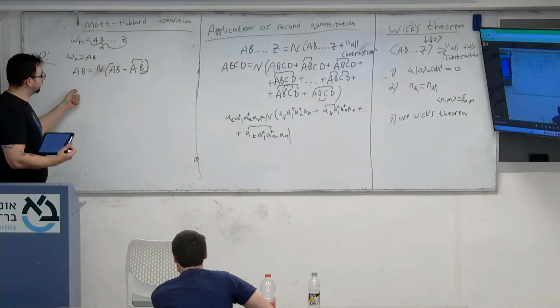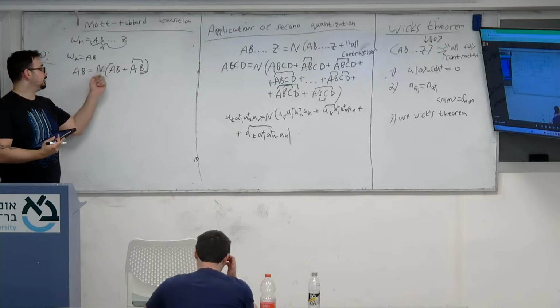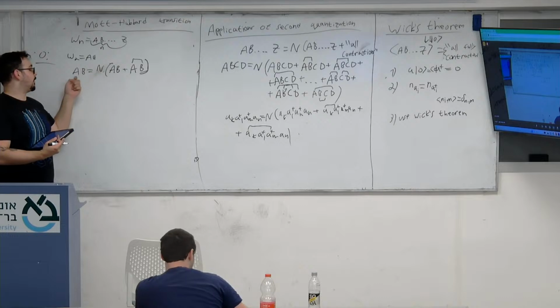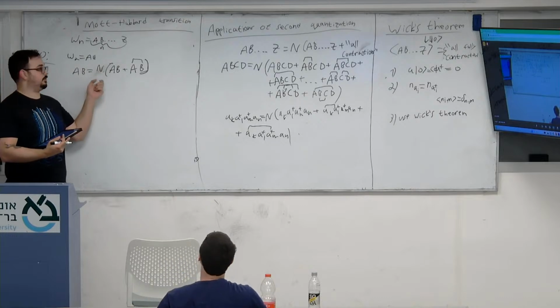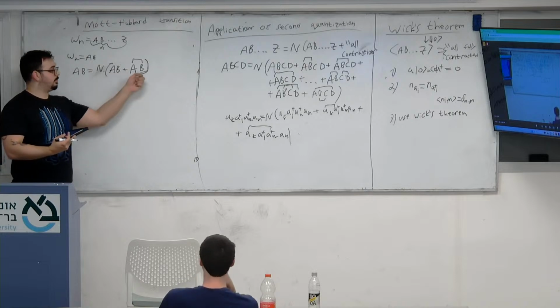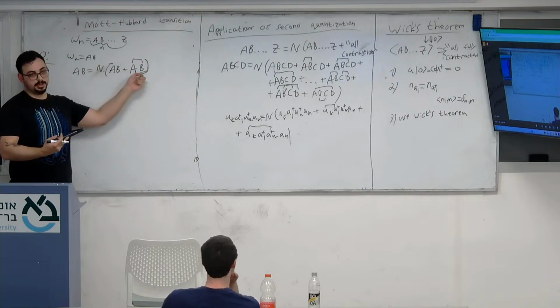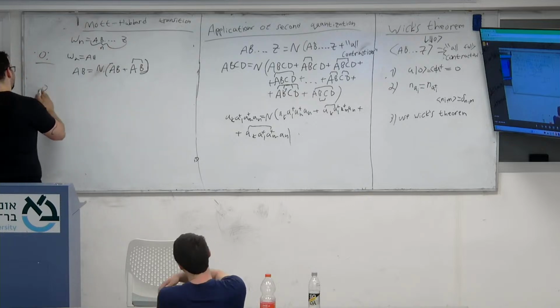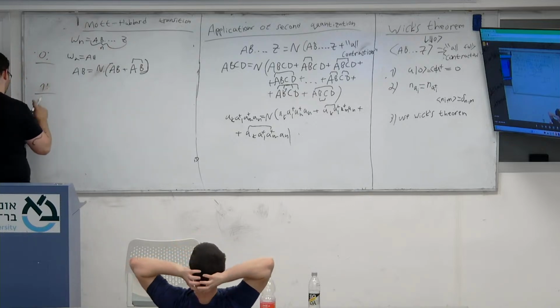Again, this is trivial. If AB is already in normal order, it will just be AB equals AB. If AB is not in normal order, we'll have the rotated term, BA, plus the commutator of A and B. This one is trivial.